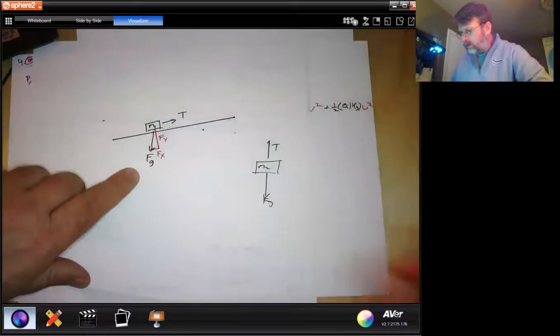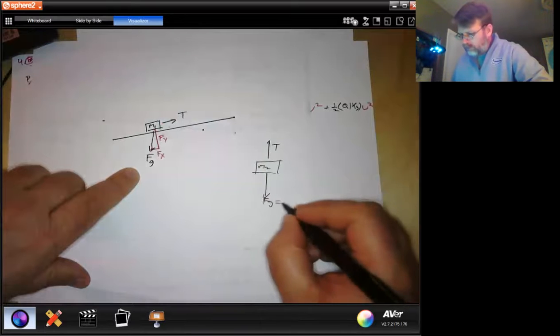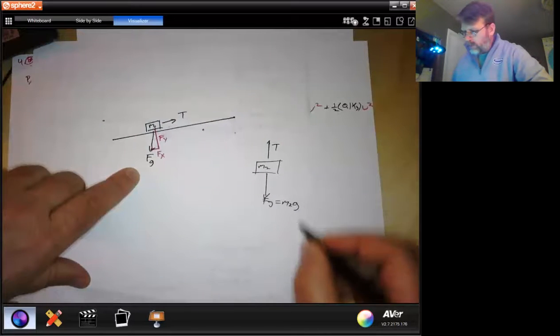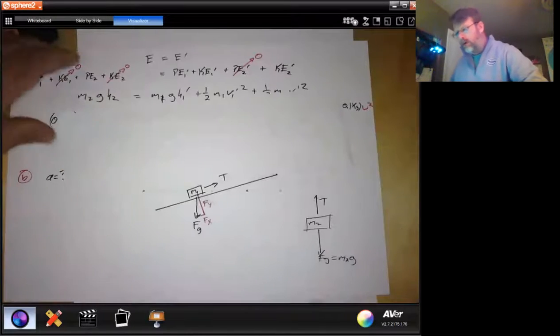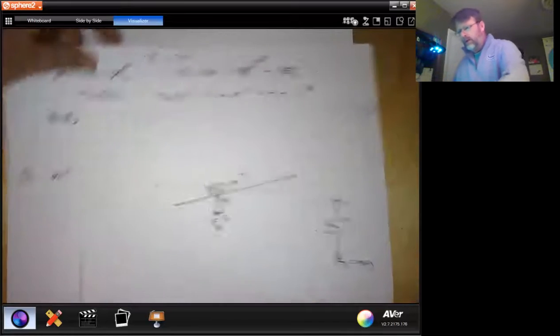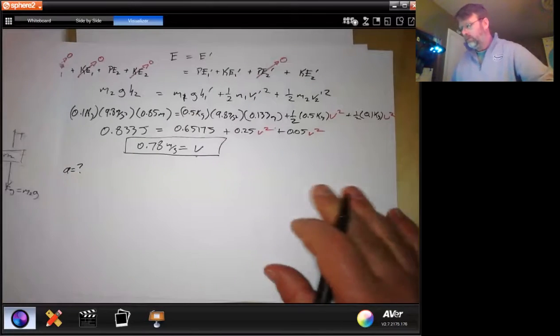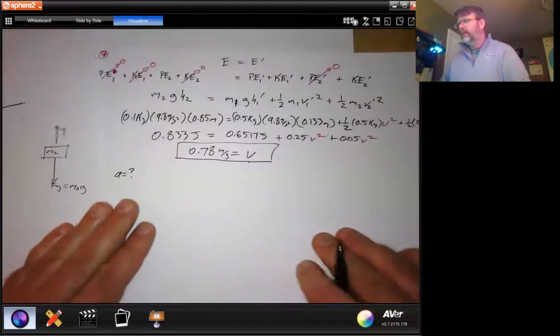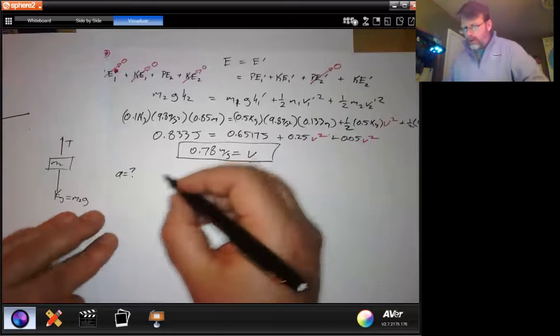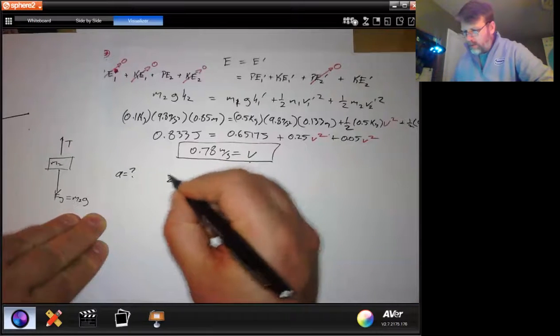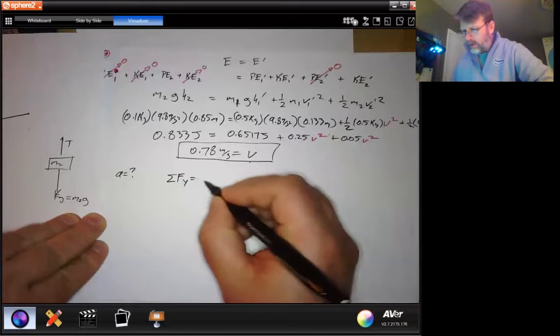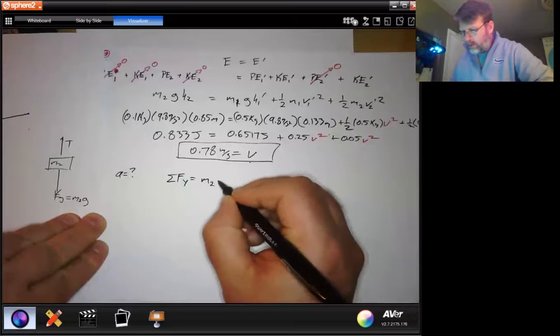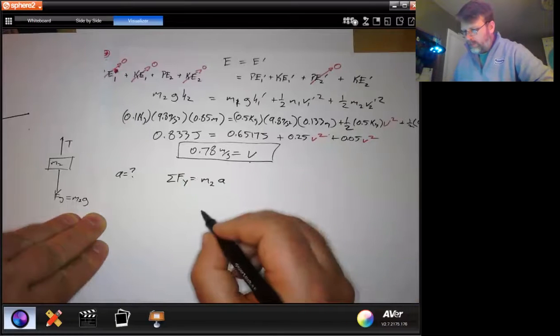So this is just going to be m2 times g. Now we can look at the sum of the forces in the y equals m2 times a.